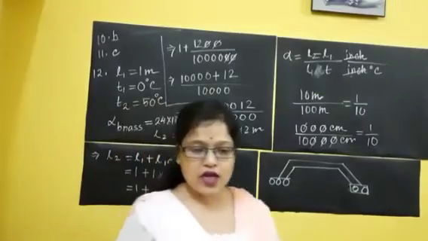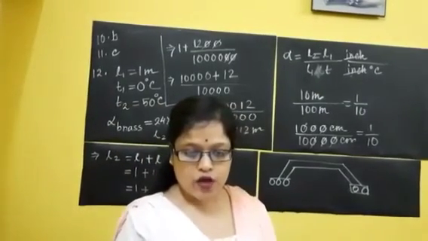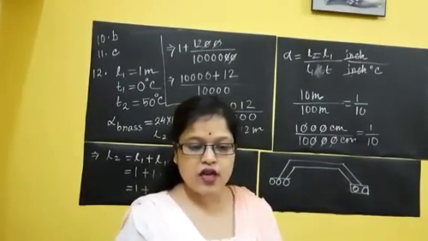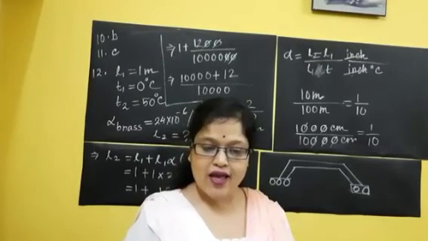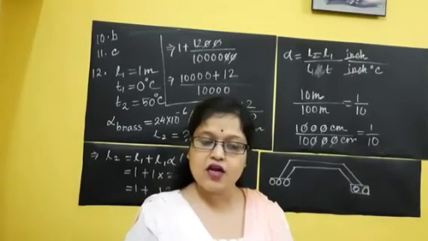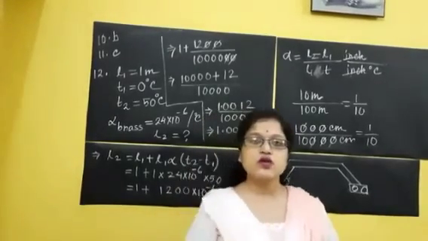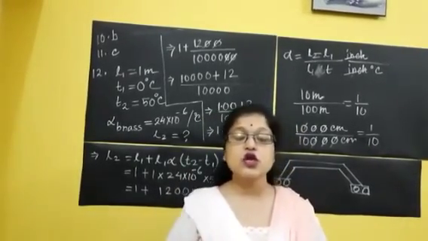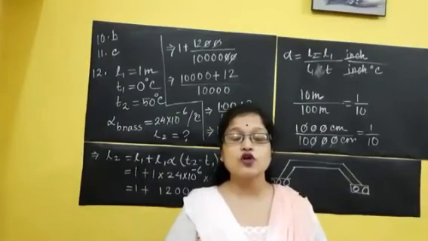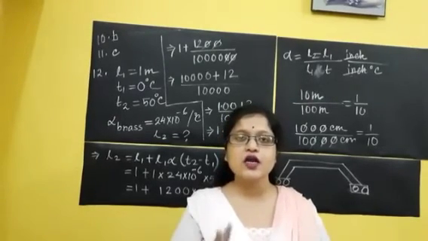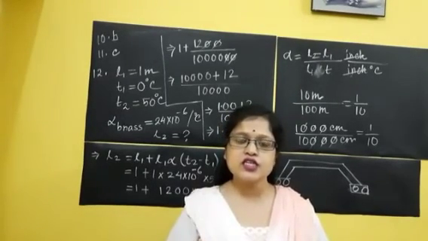Now coming to the next question. There is a small gap in rail lines after regular intervals. We know when a train passes on rails, due to friction huge heat is generated.